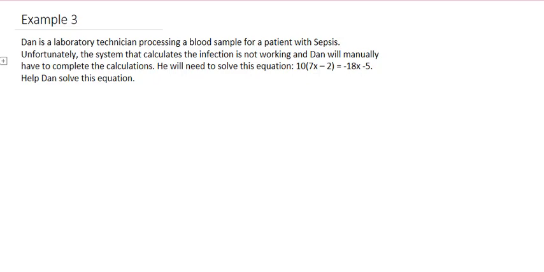So Dan is also a laboratory technician processing a blood sample for a patient with sepsis. The system is also down again in calculating the infection, so Dan will manually have to calculate. So let us solve this equation to help Dan. So you can see there's a distribution, so let's go ahead and start doing that. So let's just actually first write this out.